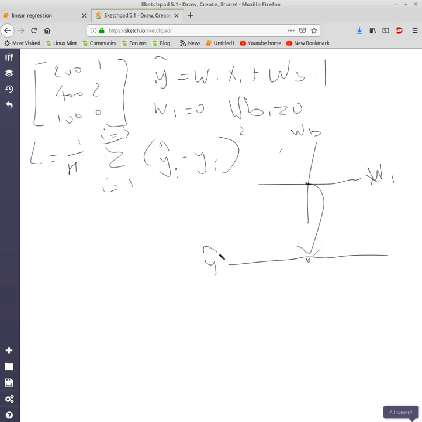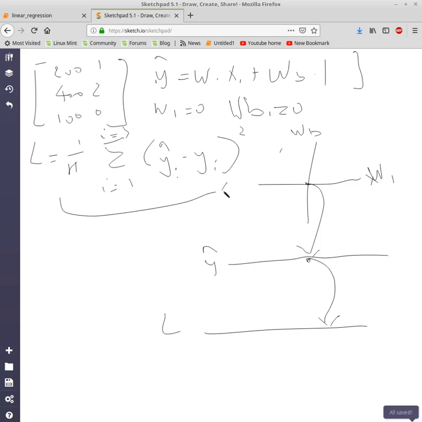This equation right here, where y hat is W1 times X1 plus WB times 1, will map to another line that is the loss function.